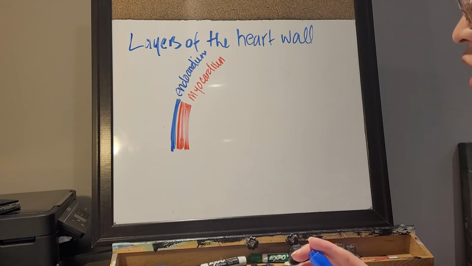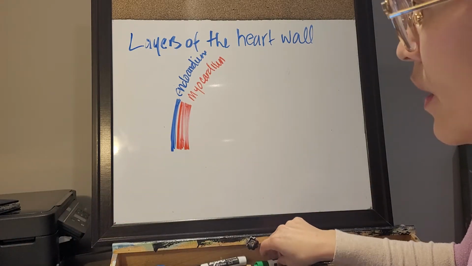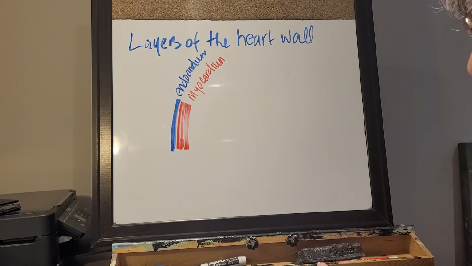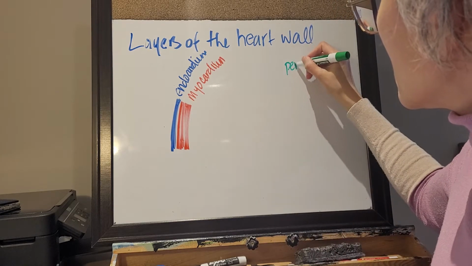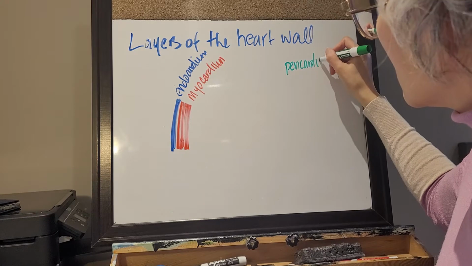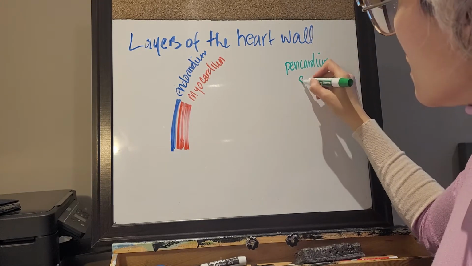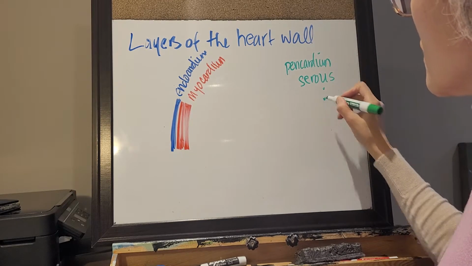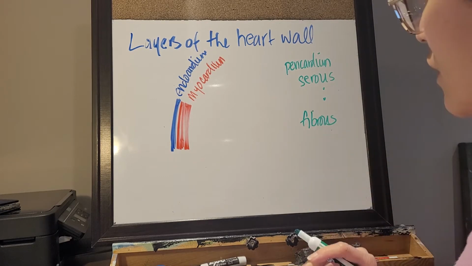And the next portion is going to be the pericardium, but it's divided up into several layers itself. So we have pericardium, but that has serous, which is also broken down into 2, and then fibrous pericardium.